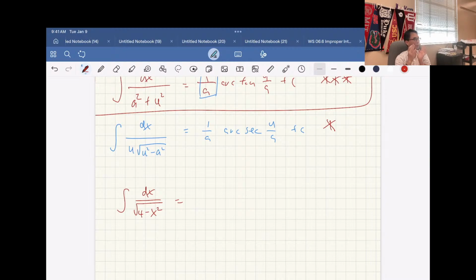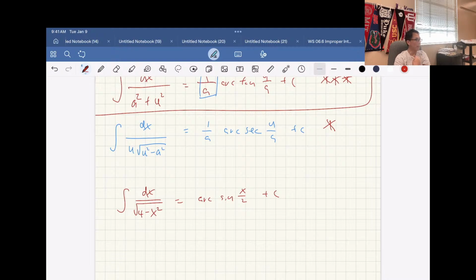Some people are gonna be like, oh my god, that's so easy. This just means arc sine of x over 2 plus c, and I'm pretty sure I get the right answer. And you're absolutely right. If you did this, you did a fantastic job. However, a fantastic job is not good for a lot of questions.